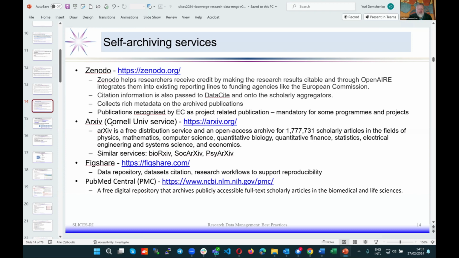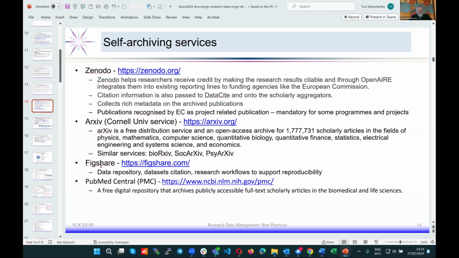Archive is managed by Cornell University. It has a much simpler procedure to publish, because I don't know if many of you have experience of uploading your data to Zenodo. It sometimes requires up to 15 minutes to prepare the full information on Zenodo. Archive is much simpler, but they also provide a publication ID.